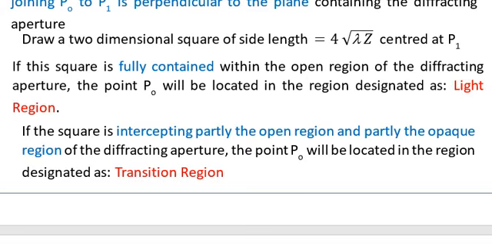If this square is fully contained within the open region of the diffracting aperture, the point P0 is located in the region designated as the light region. If the square partly intercepts the open region and partly the opaque region of the diffracting aperture, the point P0 is located in the transition region.